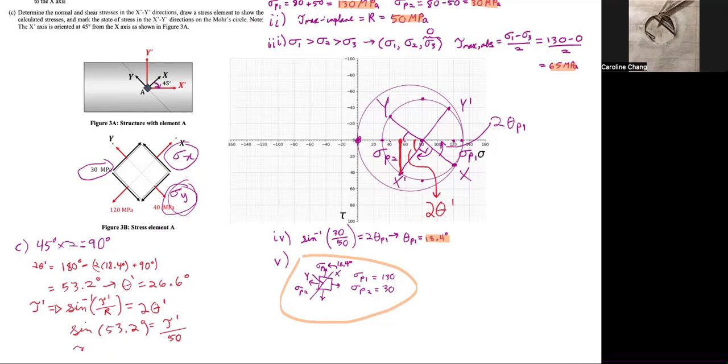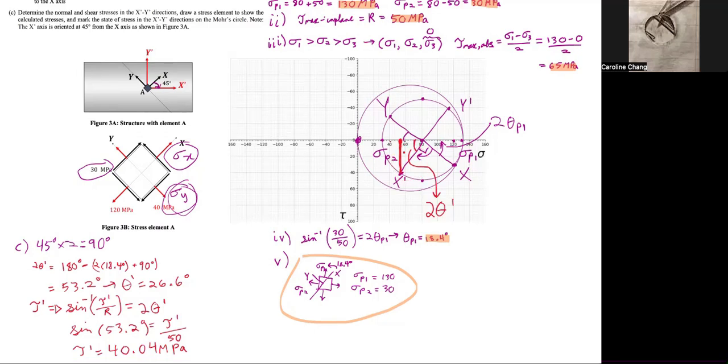So tau prime will be equal to 40.04 megapascals in the positive direction because it's pointing downwards in the positive direction according to our Mohr circle over here.